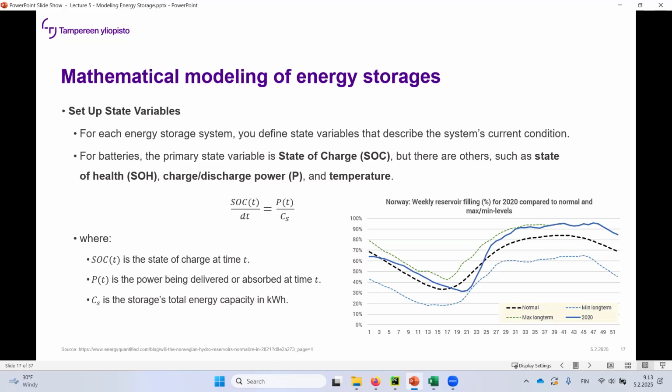And in here, if you think about state of charge, you can think about, for example, a water reservoir. With batteries, it's easier. I can see from my phone how many percent of the battery capacity it has. But for water reservoirs, you can check the maximum amount that you can store in there, and then there's seasonal variability. So that's been affecting Finland's electricity price for a long while.